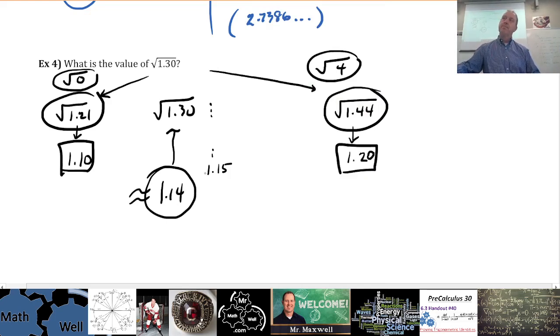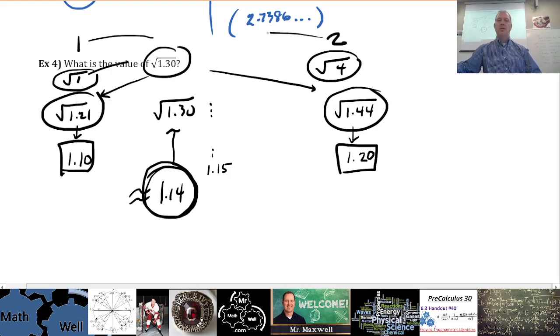Yes. What if you were to go between like square root of 1 and square root of 4? Okay, yeah, that's 1. So 1 is good here too. I did hear someone mention 0. But yeah, square root of 1 and square root of 4, you're probably not going to be able to get this precise. You would probably say, well, this is between 1 and 2, and that's all you know.